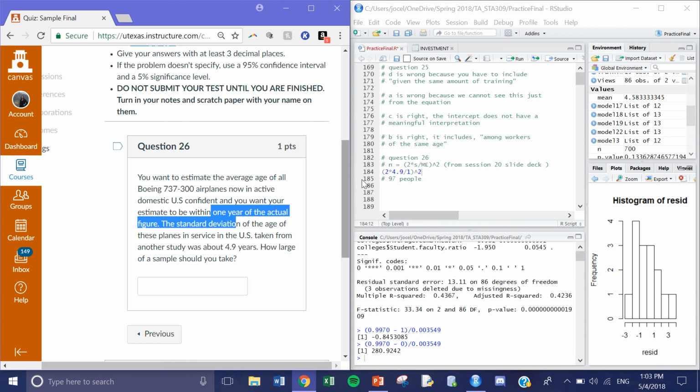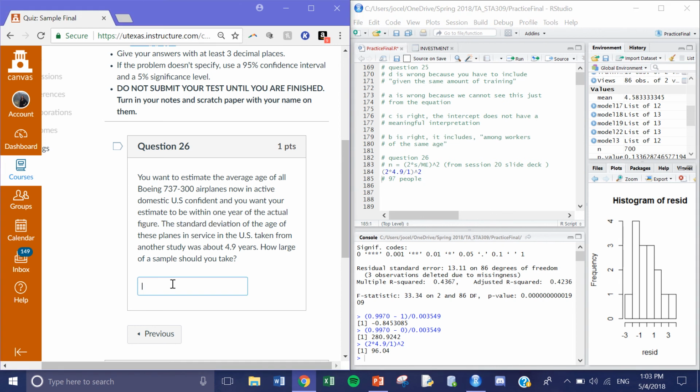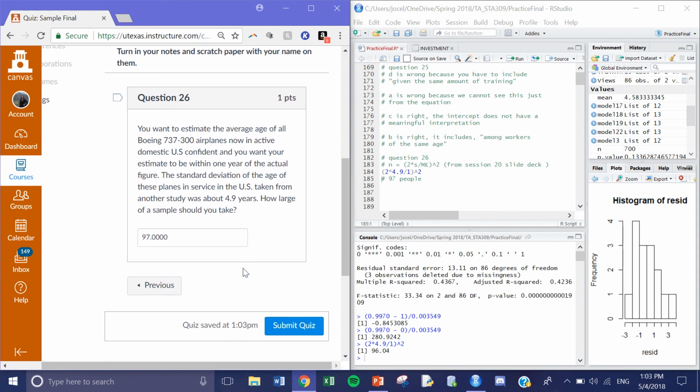So that's where I got the 1. I'm just going to square it. And I see that that's 96.04, and we always round completely up with sample size because I need greater than 96 people in order to have a sample that has a margin of error of 1 year.